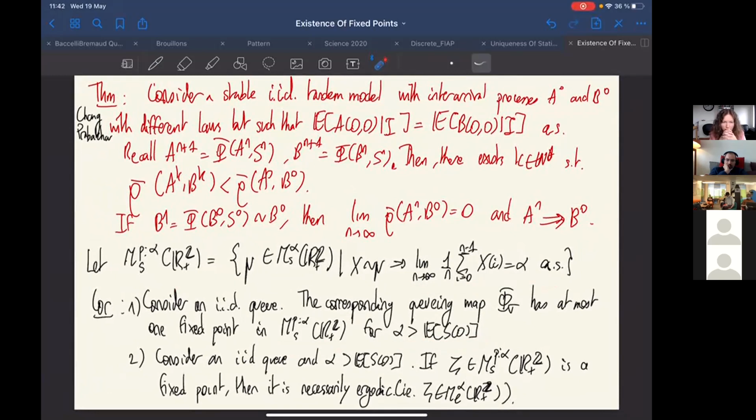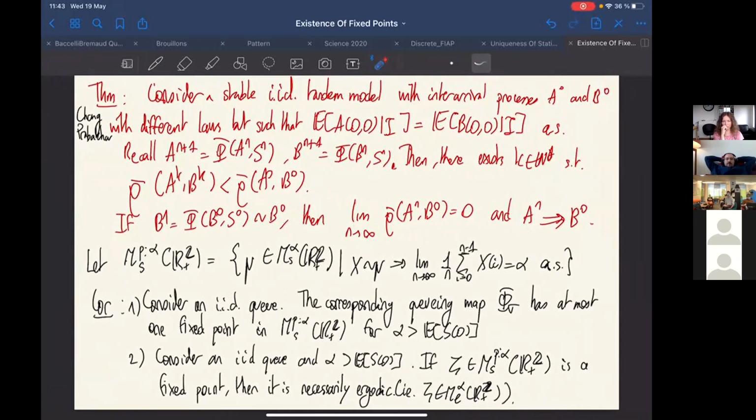In addition, if there's a fixed point in this space, then it's necessarily ergodic, so it belongs to the space of ergodic distributions of mean alpha on the space of R plus Z, the interdeparture times. So this is the definitive result for the uniqueness and convergence for i.i.d. Qs.